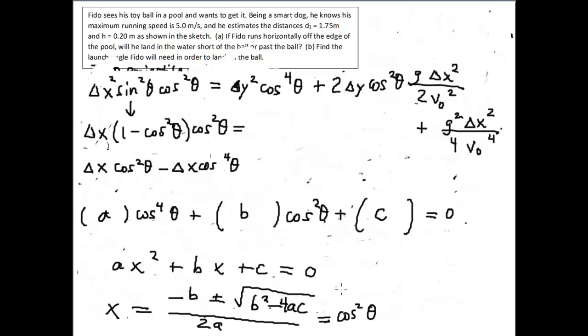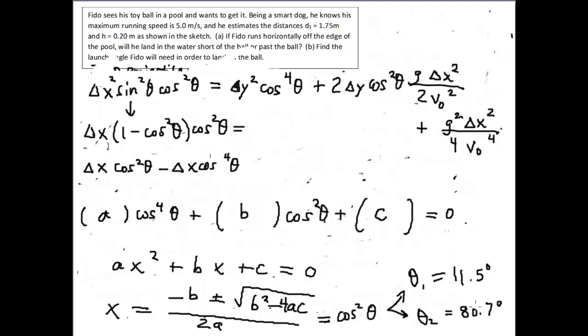And when you plug in the values for a, b, and c that come from the work shown above, you actually get two solutions because of the plus or minus sign. There's actually two possible angles that Fido could use as a takeoff angle. So theta 1 would be the smaller of the two angles, 11.5 degrees, and then theta 2 would be the higher of the two angles, which is 80.7 degrees.